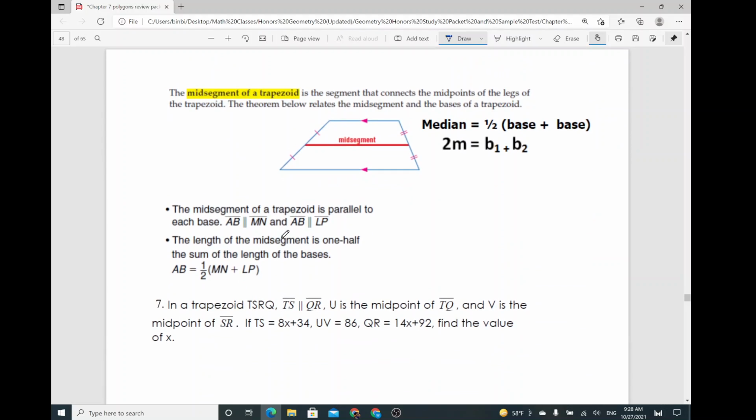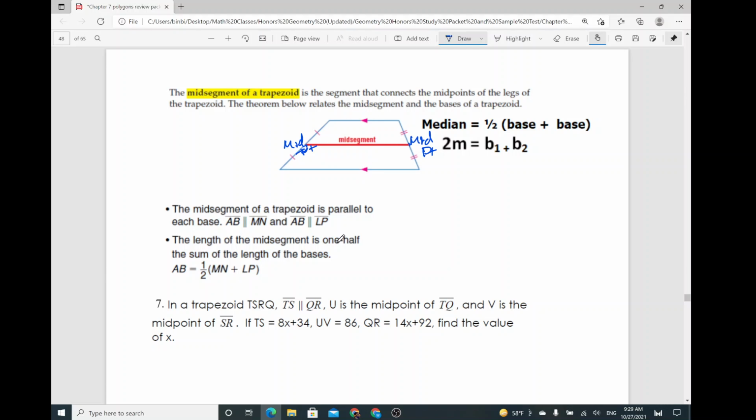So midsegment. The midsegment of a trapezoid is the segment that connects the midpoints of the legs of the trapezoid. So basically, this is the midpoint of this leg and the midpoint of this leg. There's always a formula for this one. The midsegment of a trapezoid is parallel to each base, the upper base and the lower base.